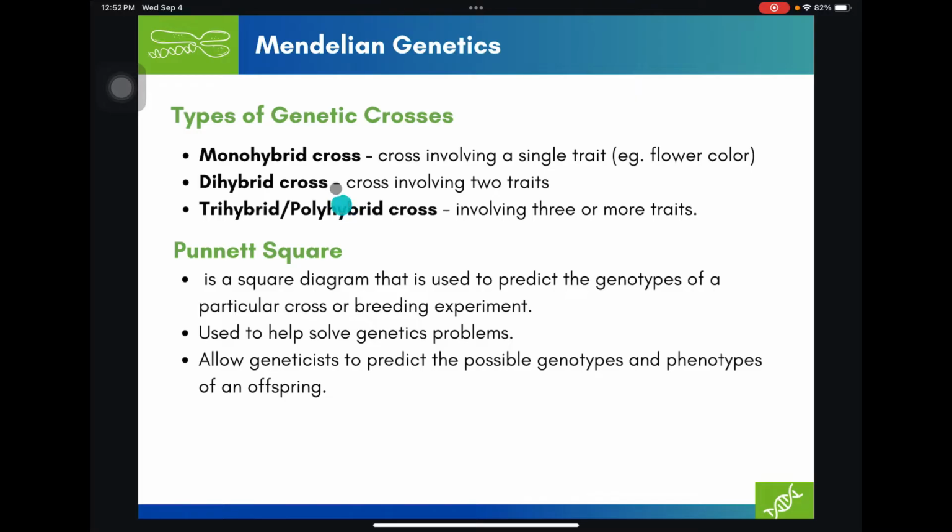Dihybrid crosses 2 traits, and polyhybrid crosses 3 or more traits. Genetic crosses are usually carried out through what we call a Punnett square, which is just a diagram that is used to predict the specific combinations that we can arrive at given the genotype of a given parent.